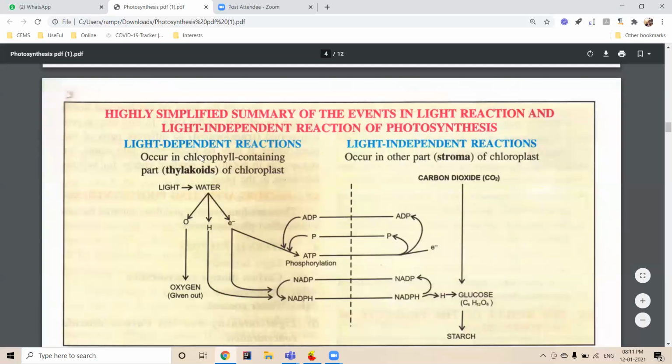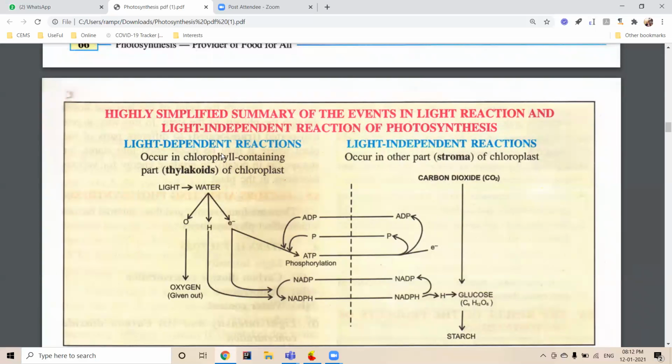So we can observe here, the light dependent reaction occurs in chlorophyll. Chlorophyll is present in the chloroplast. What happens? Chlorophyll absorbs the light. It splits the water into oxygen, hydrogen and electrons. Oxygen is released as molecular oxygen, a byproduct, and we know how important oxygen is for our survival.